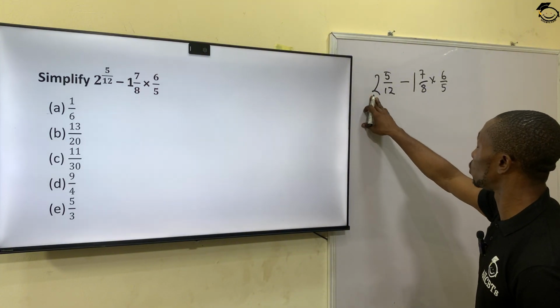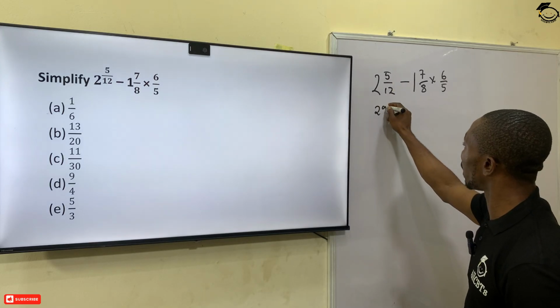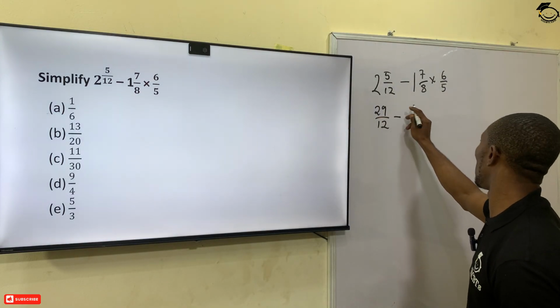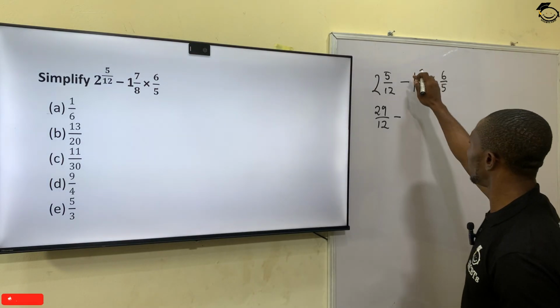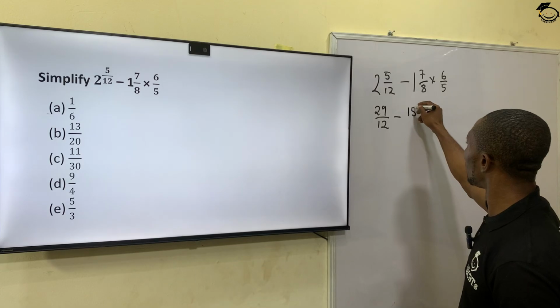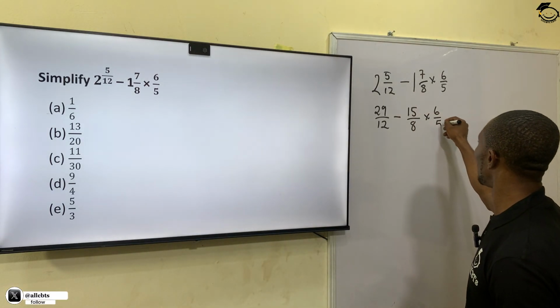Now, 12 times 2 will give us 24, plus 5 will give us 29 over 12, minus 8 times 1, 8, plus 7 would give us 15 over 8 times 6 over 5.